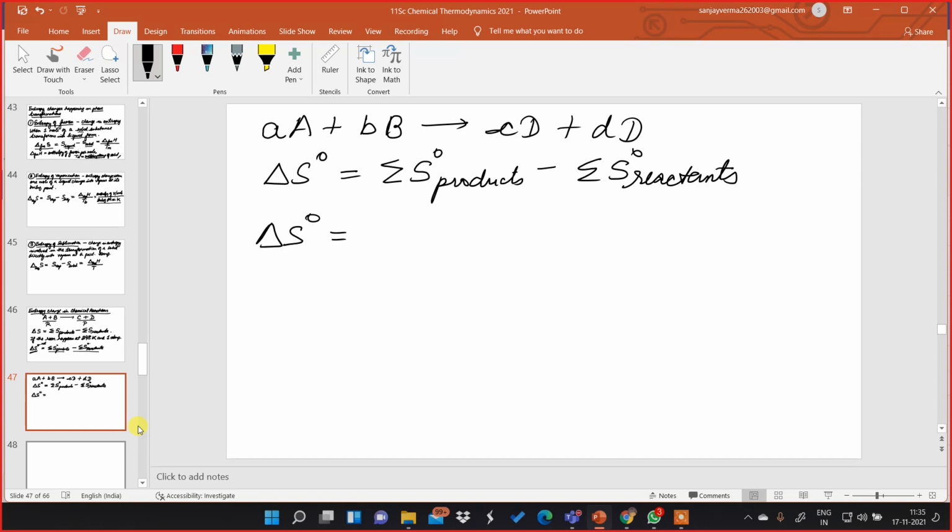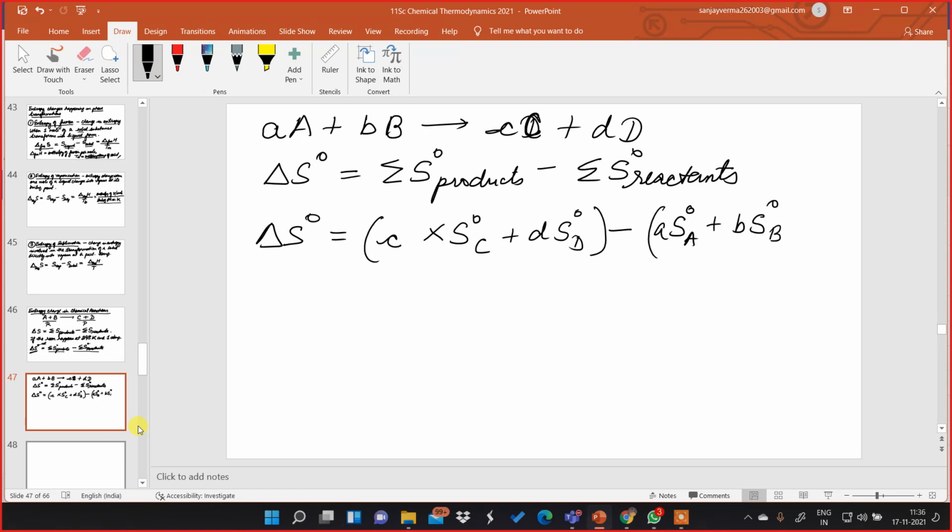Now if you work on this formula further, we can write delta S naught is equal to small c into the entropy of C, plus small d into the entropy of D, minus small a into the standard entropy of A plus small b into the entropy of B, this way.